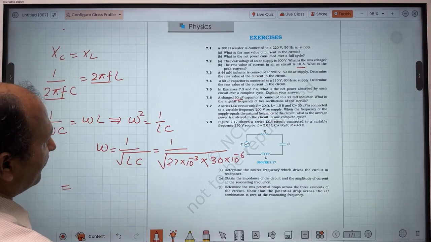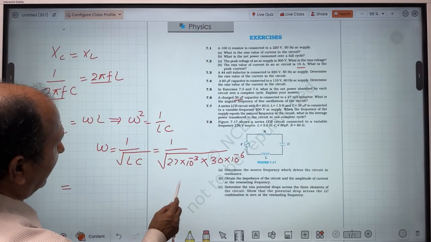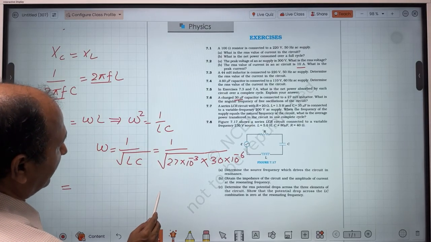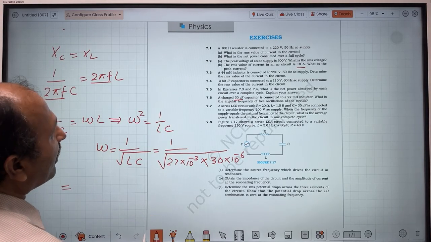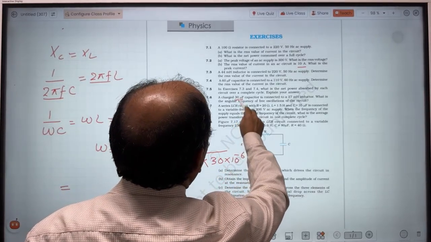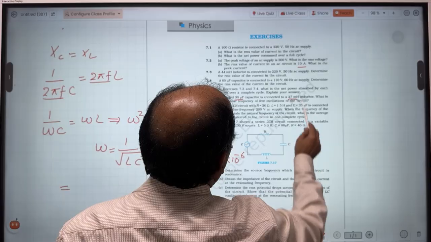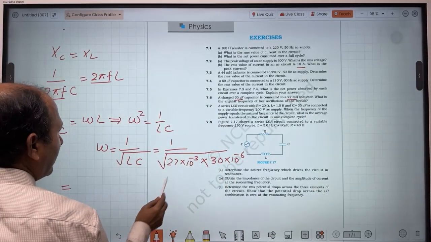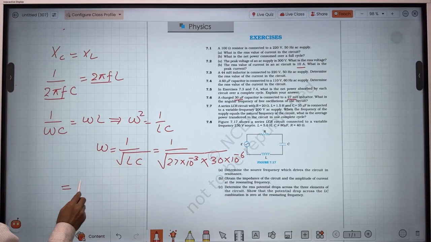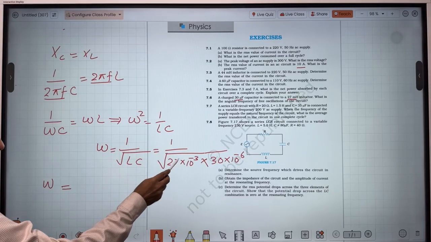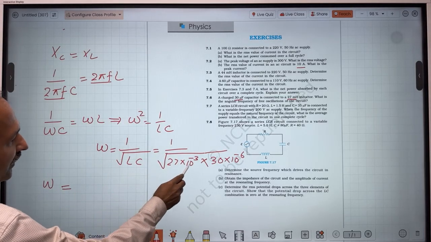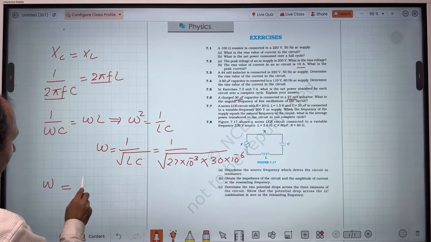Total power is 10 power minus 9. Here this value 30 into 10 power minus 6, second value is 27 millihenry. So both values we have written. So nothing is wrong.